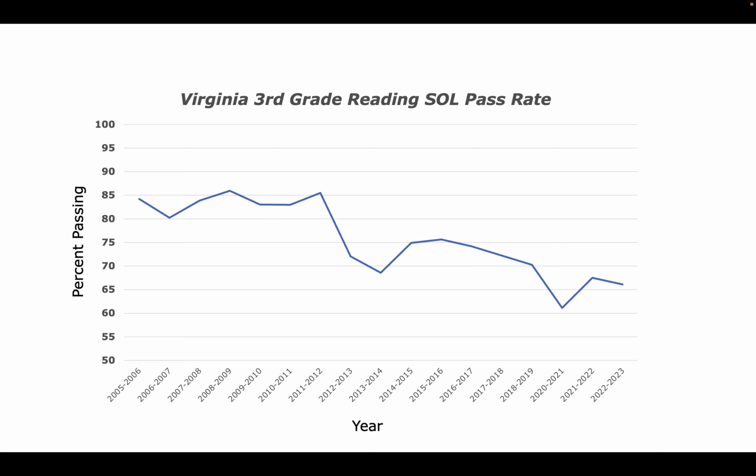So if the question is what factors are influencing the decline of third grade reading SOLs, you can correlate the data that is presented on this chart with other factors to try and figure out if there's a significant relationship between those factors. And it would be easy to correlate the average years of experience of third grade reading teachers, or first, second, and third grade reading teachers, and these scores.